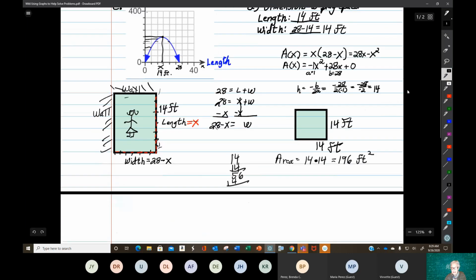Oh, and by the way, if you were to take 14 and put it back in here, you would come out with k equals 196, because that's what this vertex is. It's the x coordinate, which is the length, and then the area you get if you put 14 into this function, A of x equals x times 28 minus x.